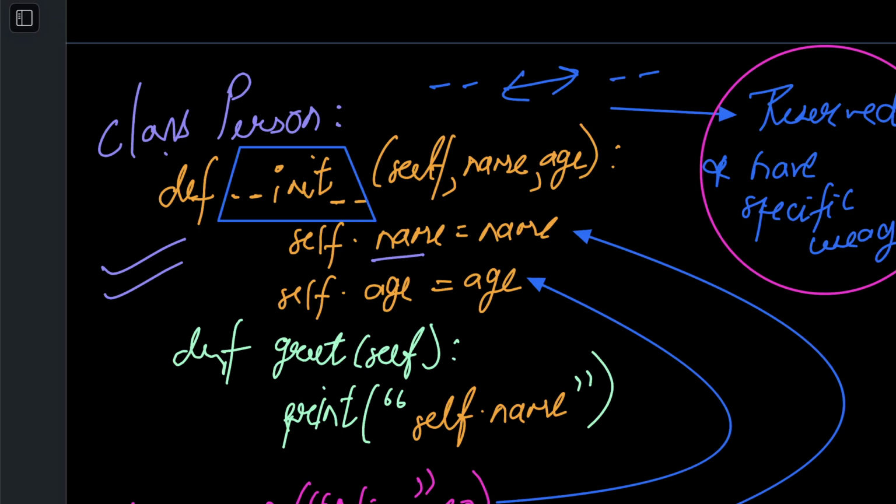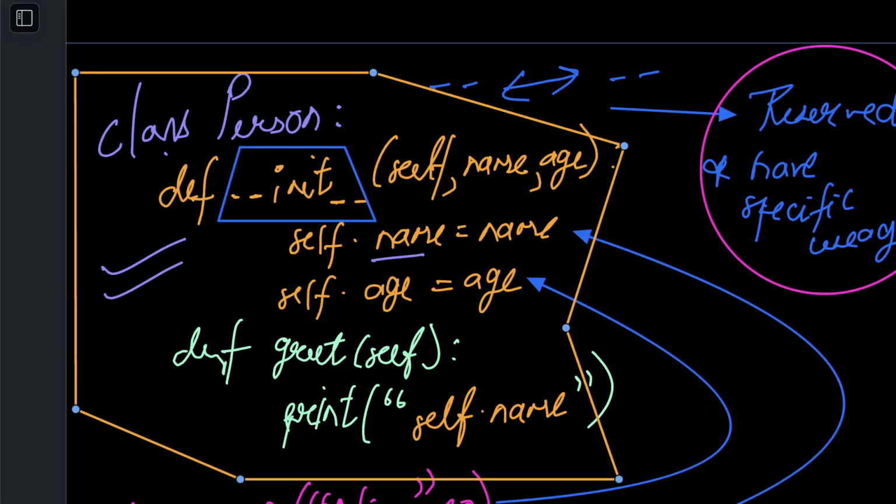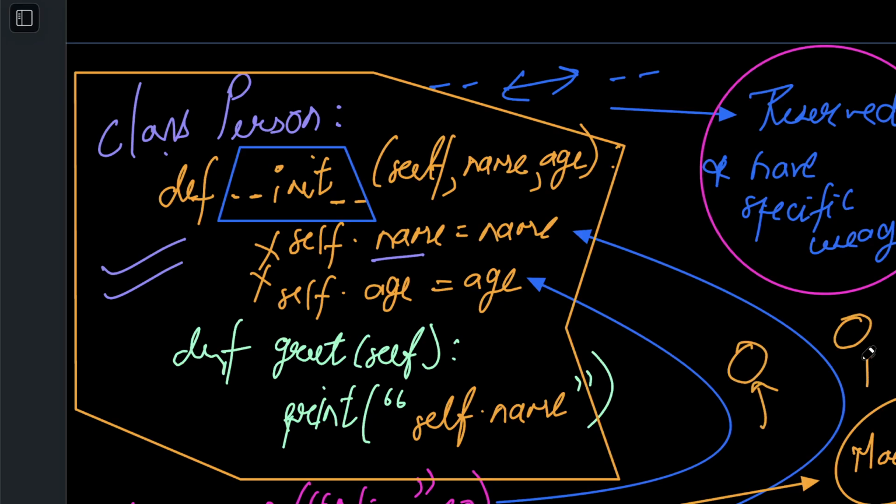So if I have two objects here, how will the compiler, or the PVM, or any machine decide which object I am referring to? If I don't use self, this could possibly overwrite, but we don't want any sort of override to happen. We want two distinct objects with their corresponding values.